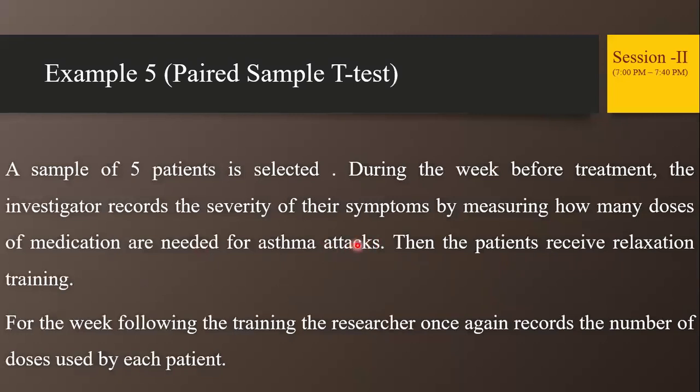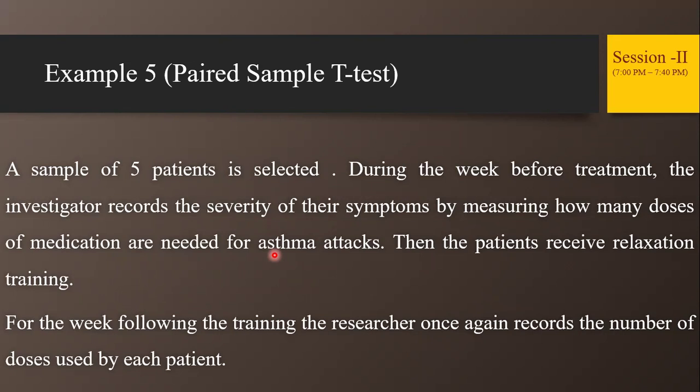So there are some patients who have an asthma problem, and the doctor needs to check the severity of their symptoms. Then the patients receive relaxation training. The doctor provides them a relaxation training, and they would like to know whether their condition has improved. What was their condition before this training, and what was their condition after the training?